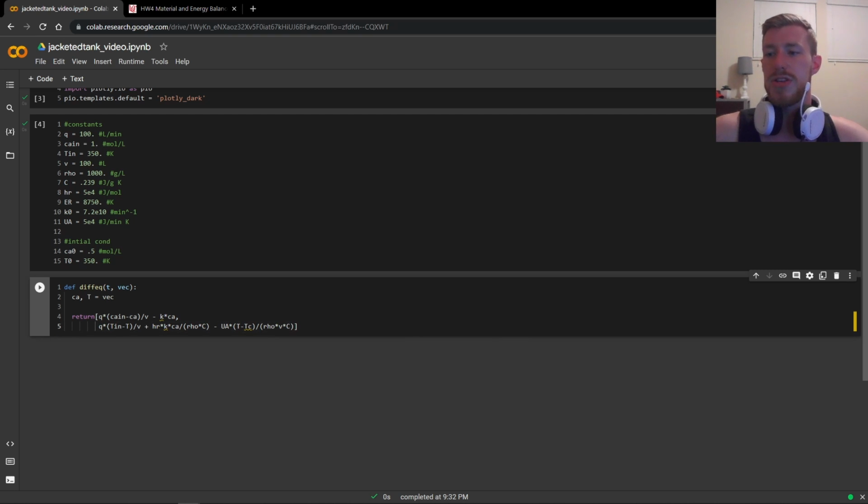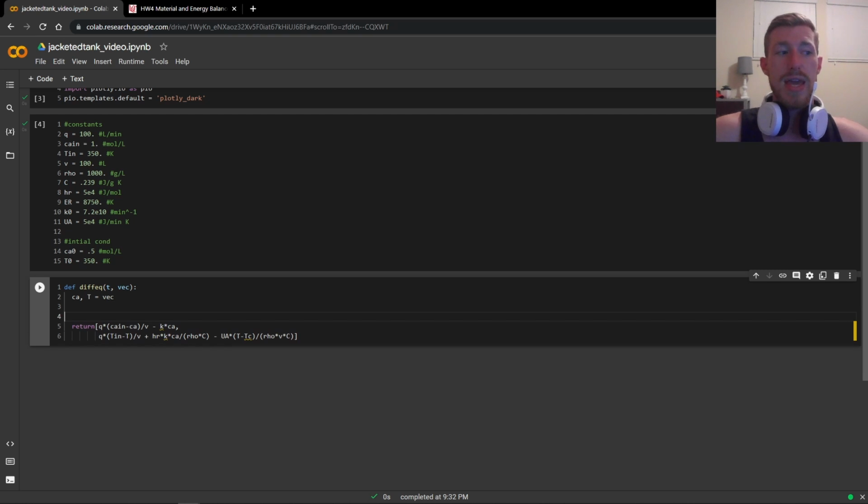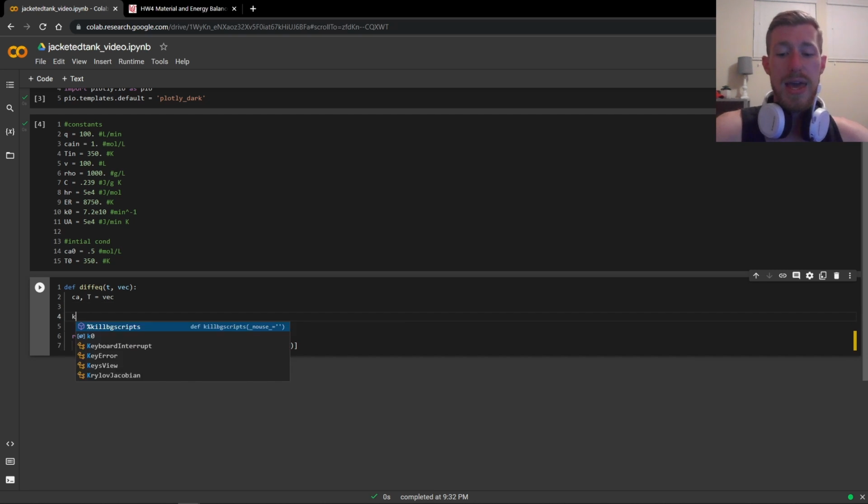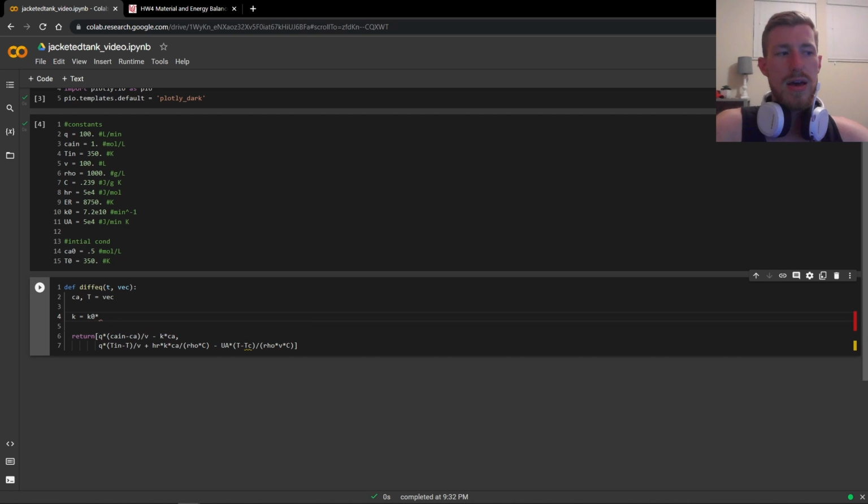The other thing we're going to want to do is define K, because as of right now, K is undefined. And if we look on the far left, it's not actually starred, but right next to our tank, you'll see the K equation that I wrote out, which you can see that K is equal to K0, K naught, which is our starting factor, multiplied by e to the power of negative the E over R factor, which is in degrees Kelvin, divided by the temperature of the tank.